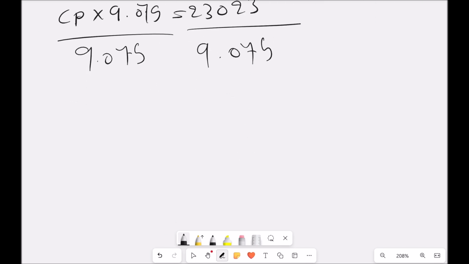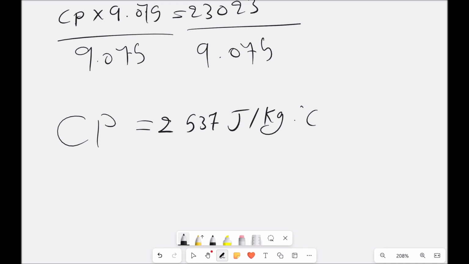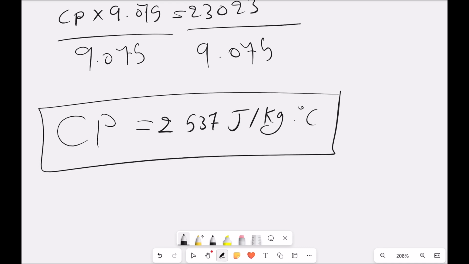You should get Cp equal to 2,537. What is the final unit? Don't forget, joule per kilogram per Celsius. This is the Cp for the cup. Okay, this is the Cp for the cup.